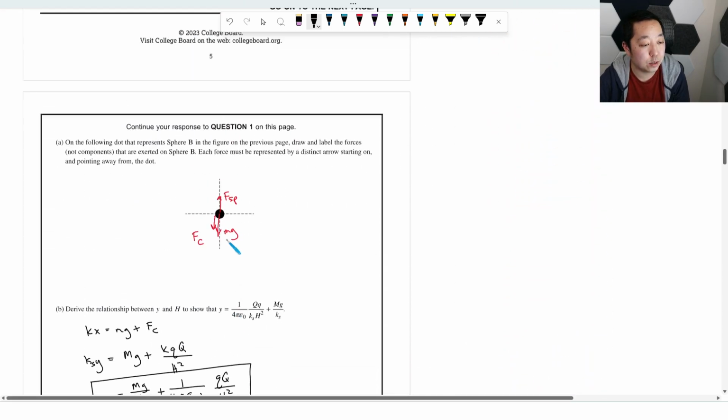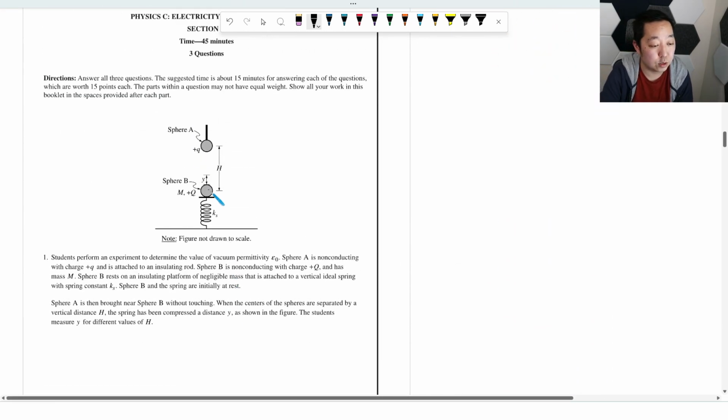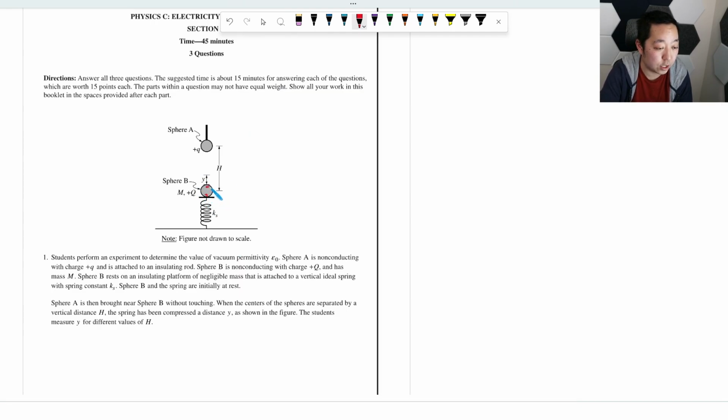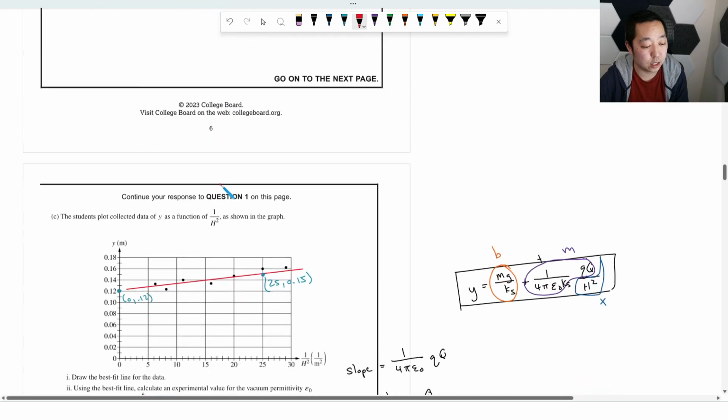Well, what's going to happen is when you have the conducting sphere, the positive charge is going to be here, the negative charge is here. Because they are closer to the positive charge, it's going to weaken the electrostatic force, right? Because of the charge separation there. If it's going to weaken it, then the spring is not going to get compressed as much.